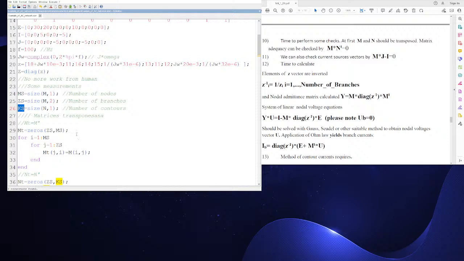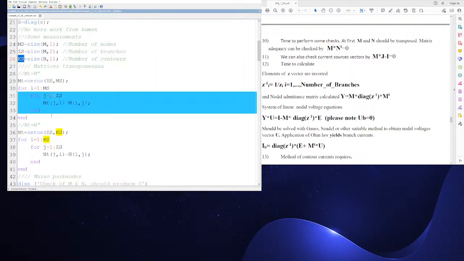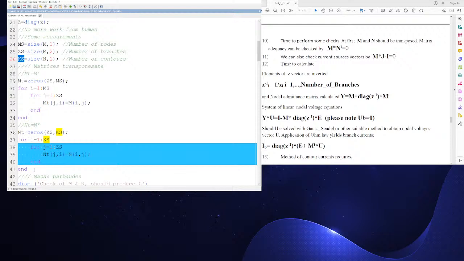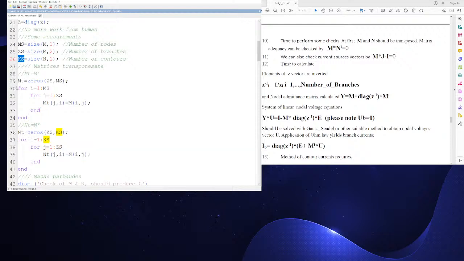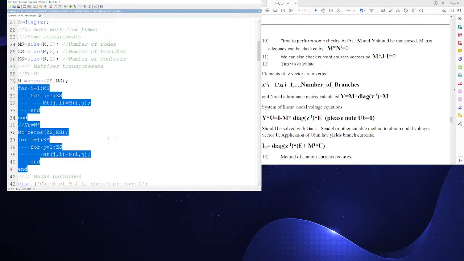I can use the built-in transpose function, but to make it more visible, I will need a transposed matrix for both the first and second incidence matrix.